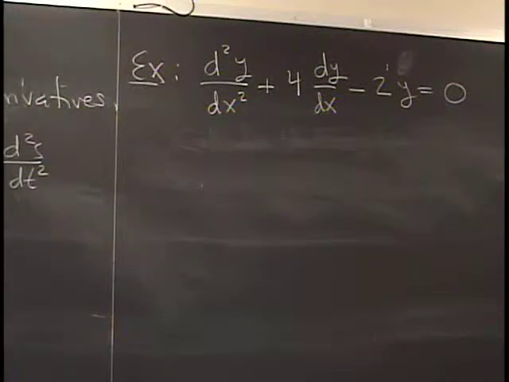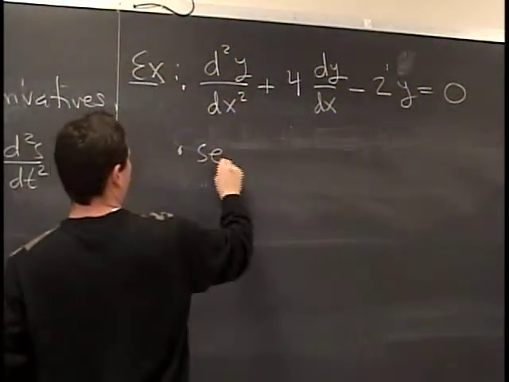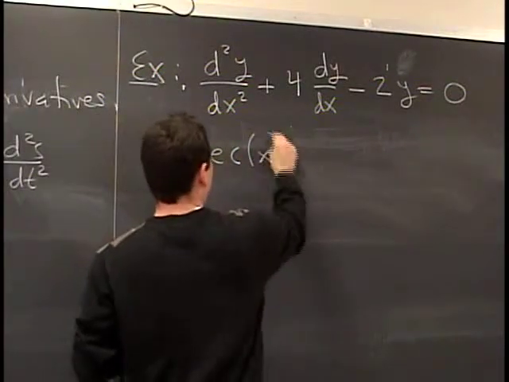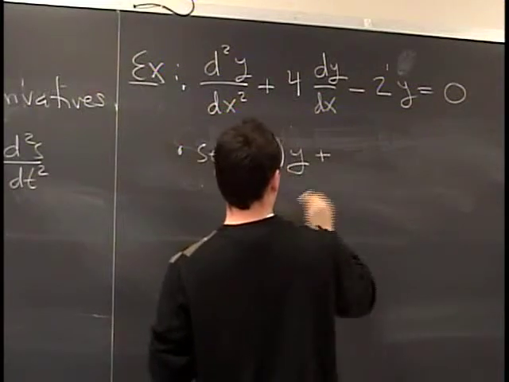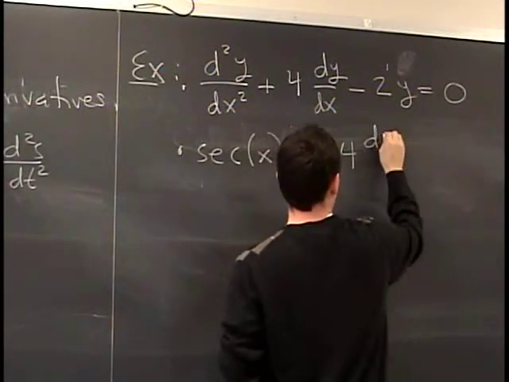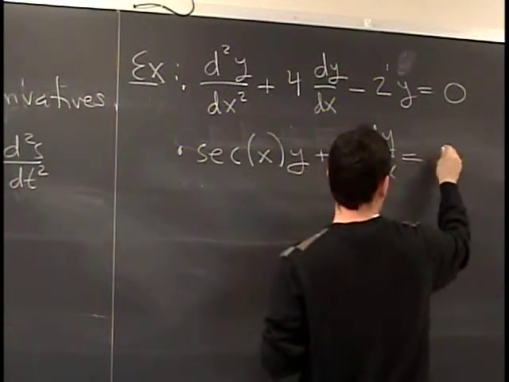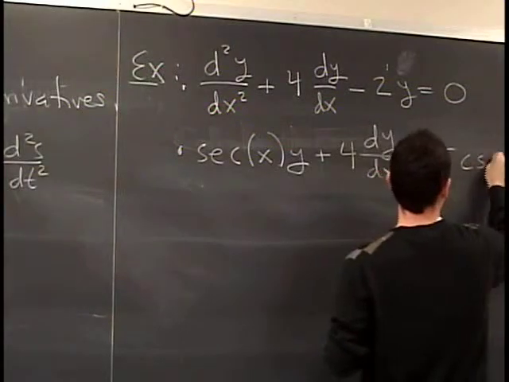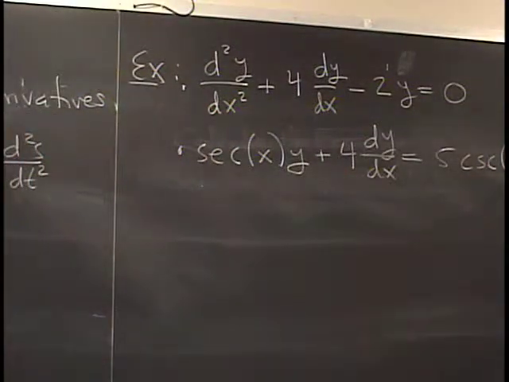It involves derivatives. It's a differential equation. Secant of x times y plus 4 times the derivative of y equals 5 cosecant of x. Again, an equation involving derivatives. It's a differential equation.